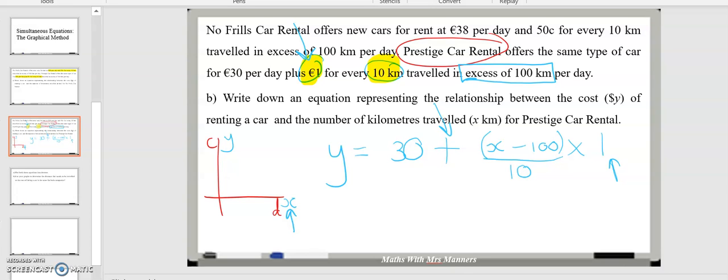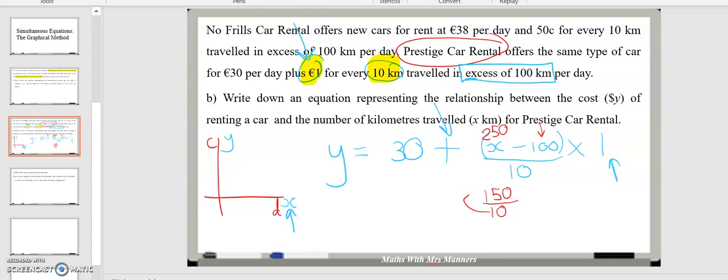So let's put in some numbers just so it's clear, because I think this is quite tricky conceptually. If I travel 250 kilometers in a day, then by subtracting this 100, I can see that I travel 150 kilometers over 100 kilometers. For every extra 10 kilometers I travel, I'm going to pay €1.